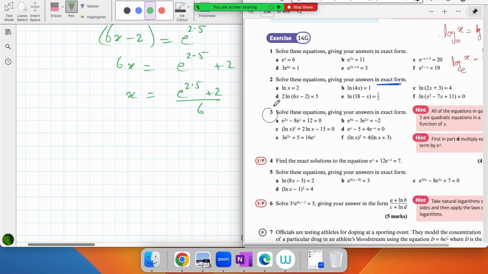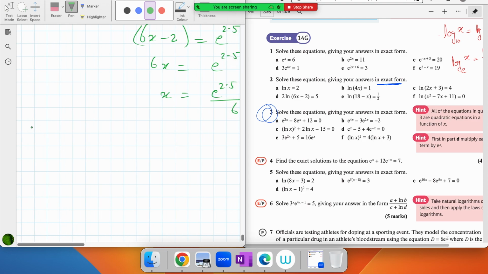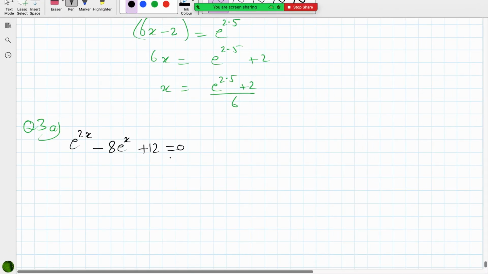Look at question number 3. Solve the equations giving you answers in exact form. Question 3a. e raised to the power 2x minus 8e raised to power x plus 12 is equal to 0. Now let's say y is equal to e raised to power x.